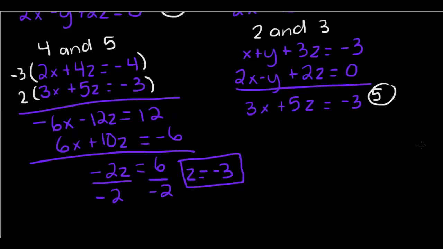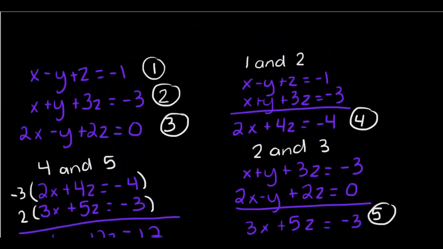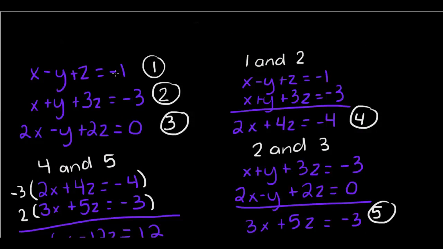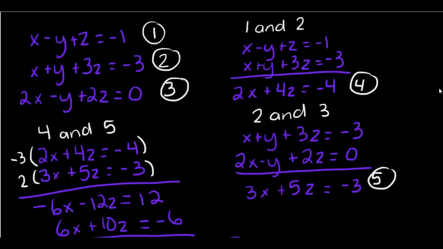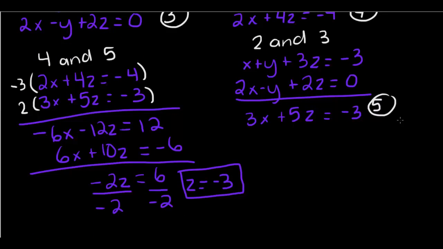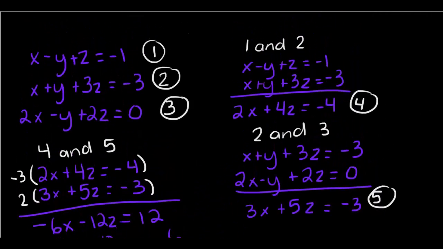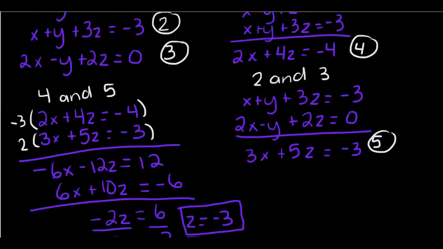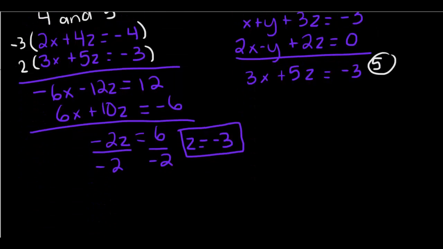Now we're going to go back to one of the original equations and replace z with the value that we found, so we can find the values of the other two variables. Okay, so I'll do that with equation number 1. I'll do it with 1 and 2. So right here, 1 and 2.